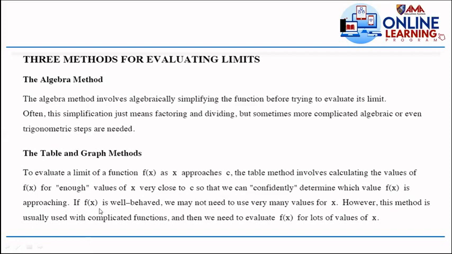If the function of x is well behaved, we may not need to use very many values for x. However, this method is usually used with complicated functions. And then we need to evaluate the function of x for lots of values of x.